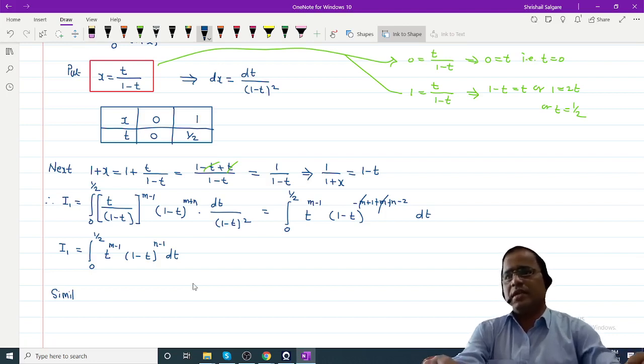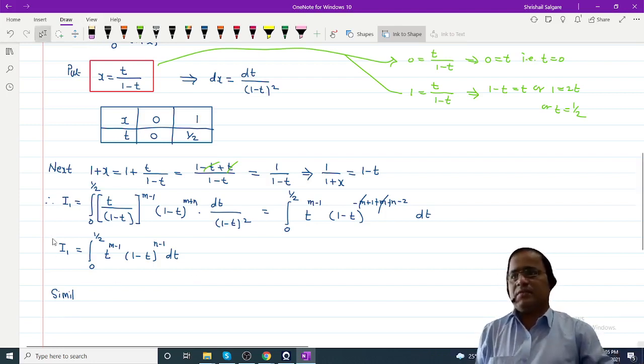Now similarly, it is not necessary to solve the second one, so symbolically I will write it. Once again, I will write this whole thing so you would get a clear idea.